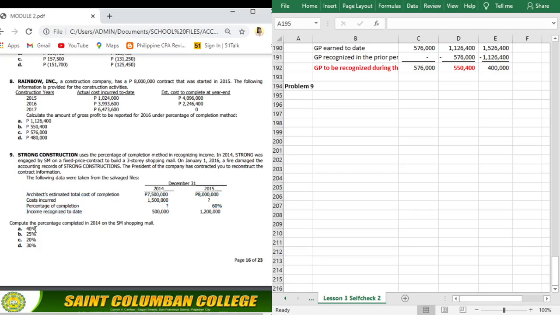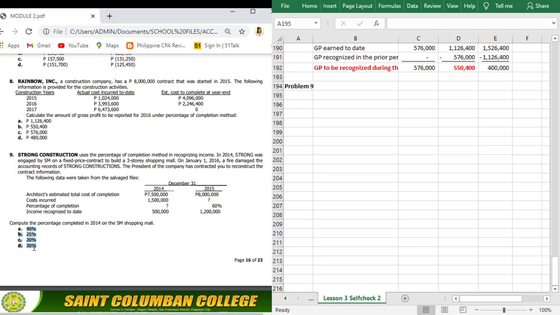The question is, what is the percentage completed in 2014? So what happened here is that the records were lost, because the building was damaged by fire. So we are going to work back everything to get the percentage of completion.